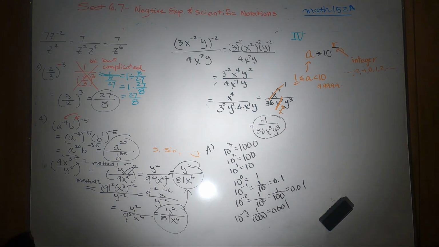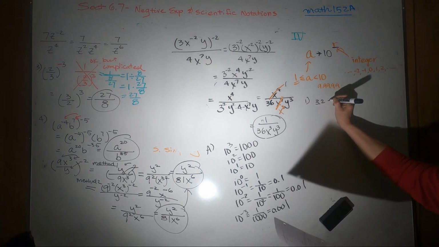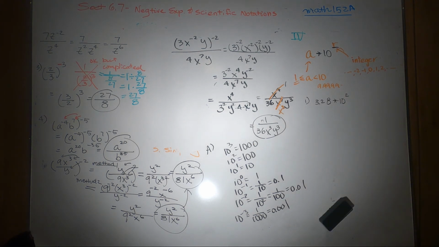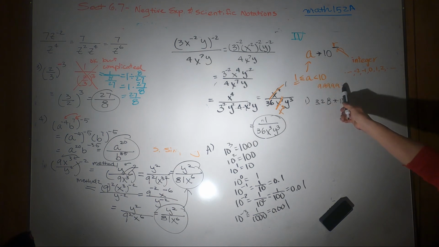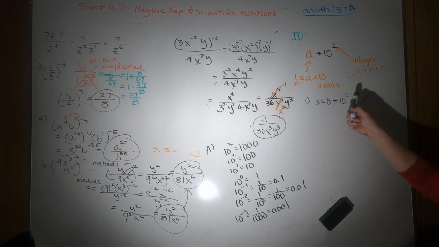So what will we do? We will identify whether things are scientific notation or not. First we identify them, then we do operations on them. If we see 3.28 times 10 to the second power, is this scientific notation? 3 is between 1 and 9.99, with decimals, yes, and 10 to a power, either positive or negative.